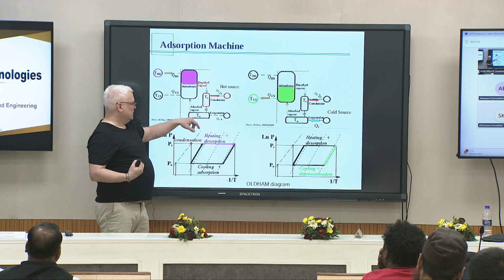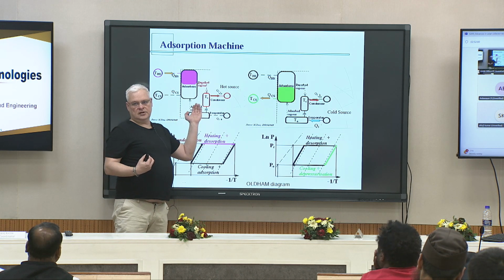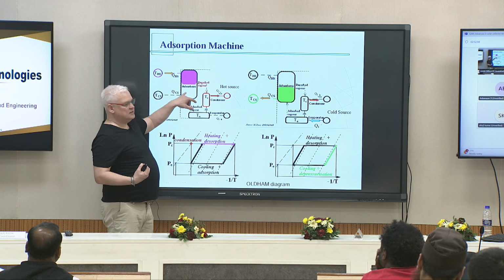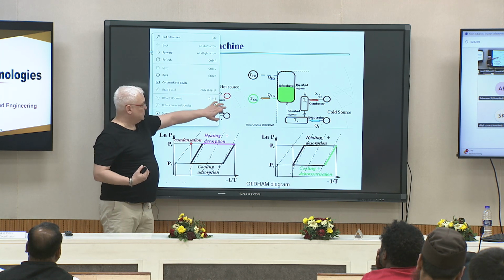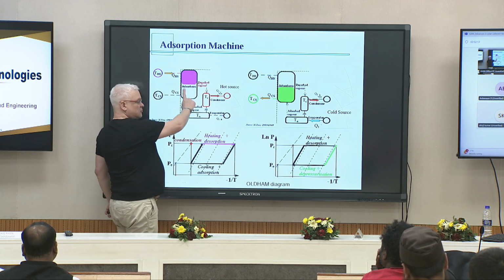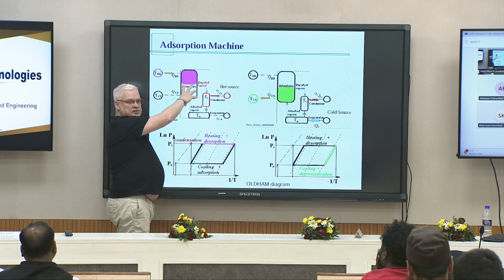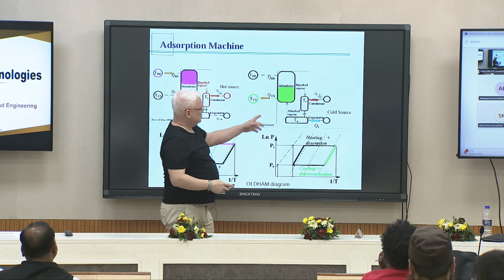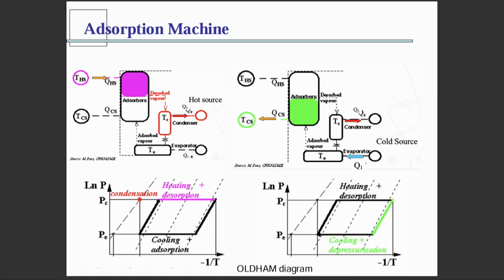The evaporator, of course, is taking some heat. You have vapor which is going naturally to the porous media, and then saturates it again. So you have the two stages, condenser, evaporator, then going again.